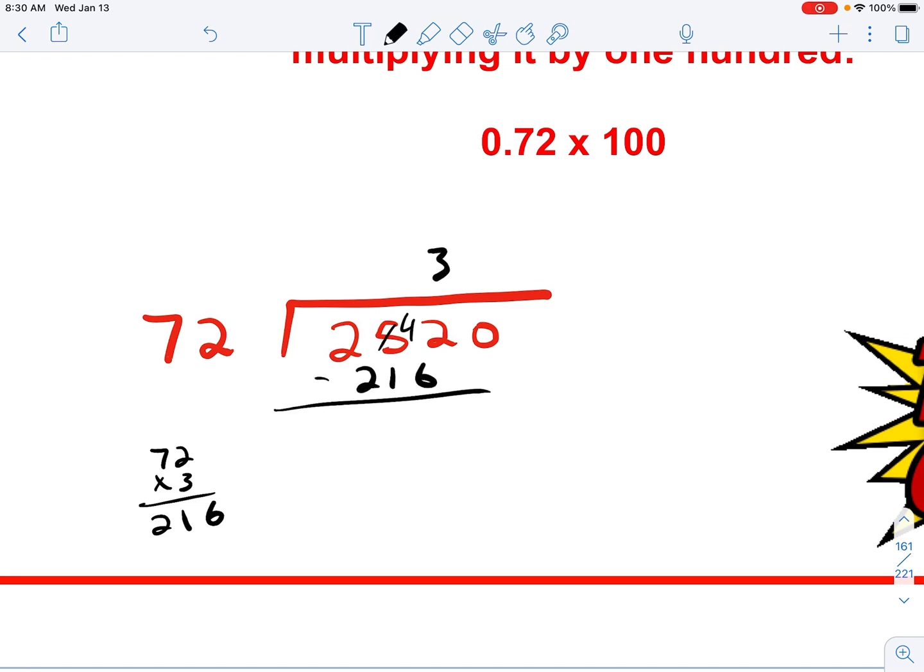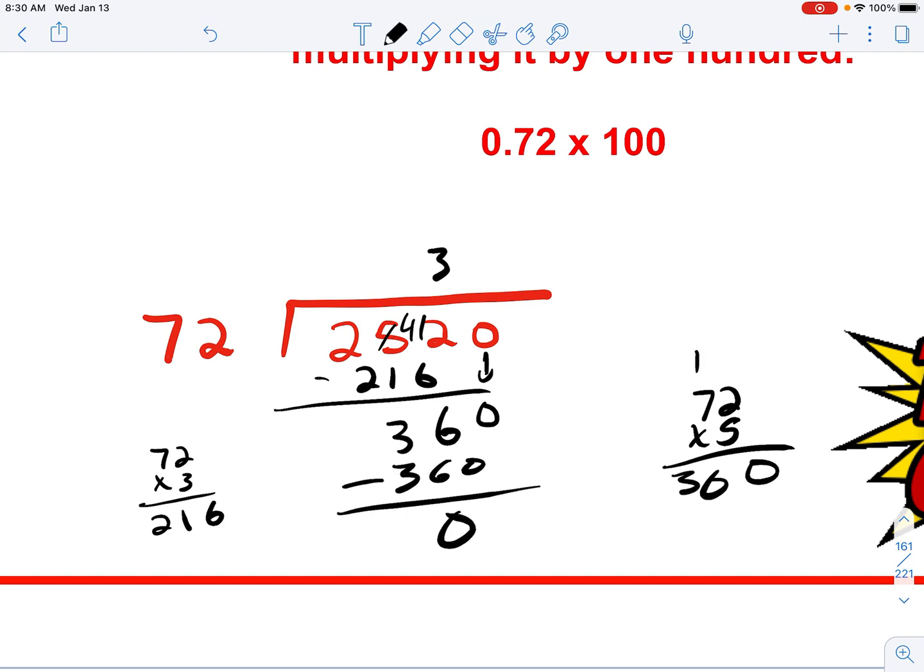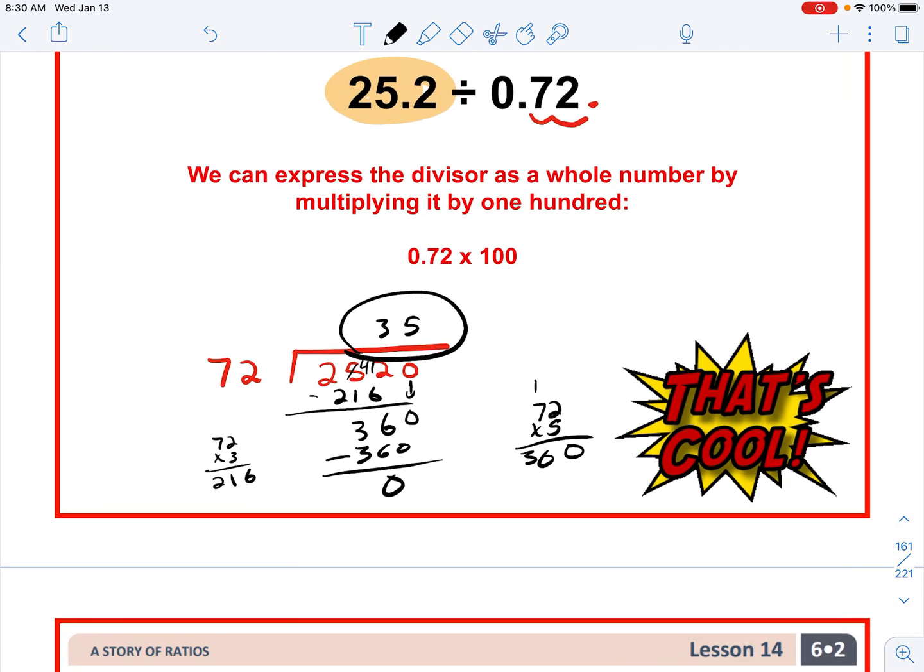I have 216, I subtract this, and I get 36, and I bring down the 0. 72 is going to go into 360. I know 70 times 5 is 350. So 72 times 5 is going to be, look at that, 360 evenly. So our answer comes out to 35.